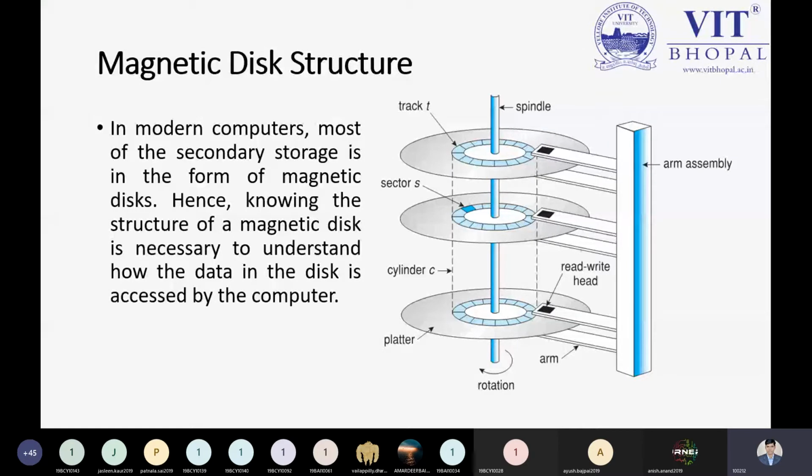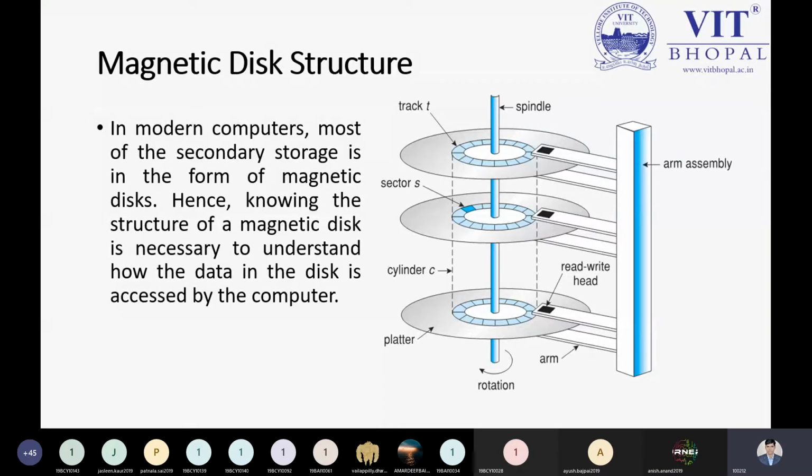When the spindle is rotated, the arm assembly is a fixed part, and through the read and write head, information is read from the particular track or particular sector.